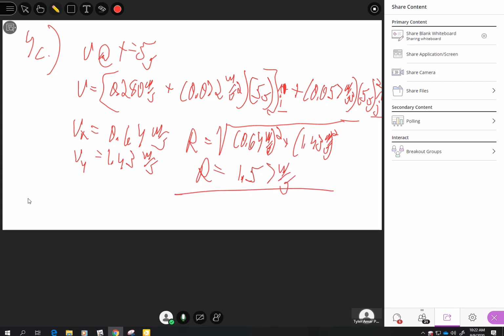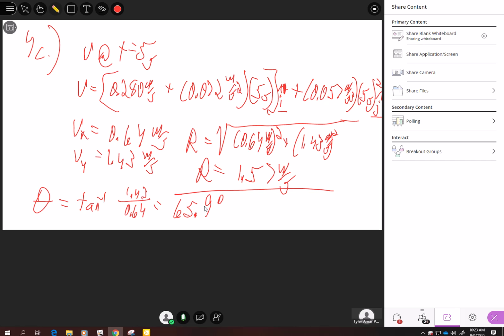Now, someone tell me, how do I find the direction? Do arctangent? Well, I guess so, Mr. Shields. Nobody's saying anything. So we have the arctangent of 1.43 over 0.64, and we get an angle of 65.9 degrees.